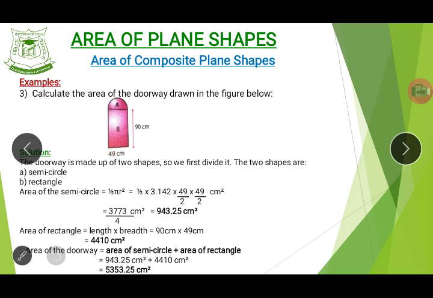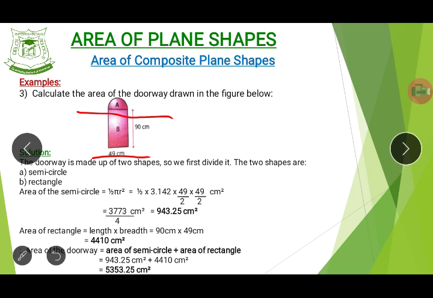And what is our radius? Now you can see that what we have here is 49. The length from this side to this side is 49 centimeters, right? But that means that is the diameter. The diameter is the length from one side of the circle to another side of the circle, passing through the center of the circle, right?